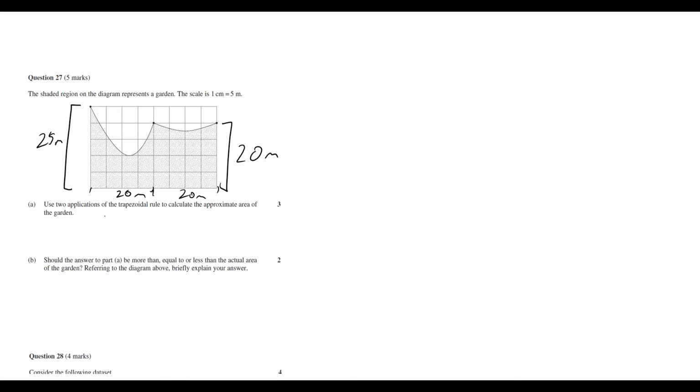Okay, so now using 2 applications of the trapezoidal rule. Alright, so our trapezoidal rule is A equals H on 2 times by A plus B. So the height here is actually the horizontal distance. So that's going to give us 20 over 2, and then A plus B are the 2 different vertical lengths. So we have 25 plus 20, and that would be for this area here.